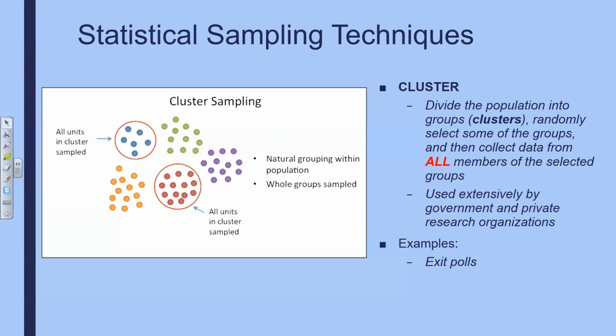And they've asked every person that's come out who they voted for. And then they take that information from that local polling place and expand it out and say, you know, Biden's going to win the race in Georgia, or Pence is going to win the governor's race. Okay. So the difference is with cluster, you still have the groups, but you're going to use all of the group.